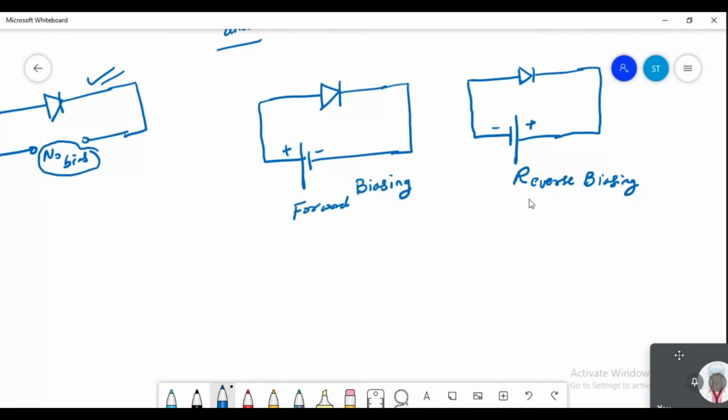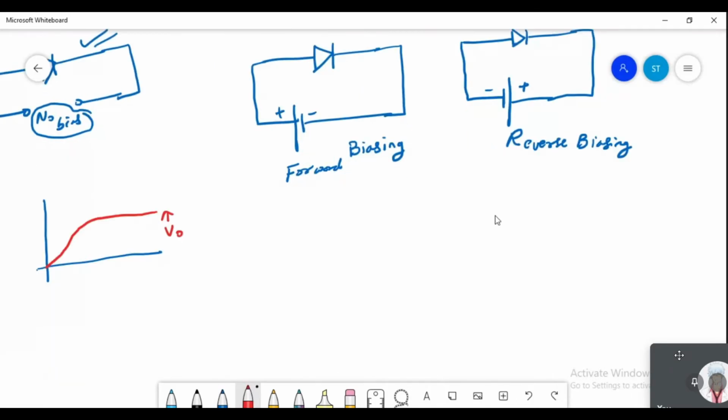So what we are saying is that if you look at the potential barrier, the barrier is something like this. This is called the potential barrier under no bias condition.